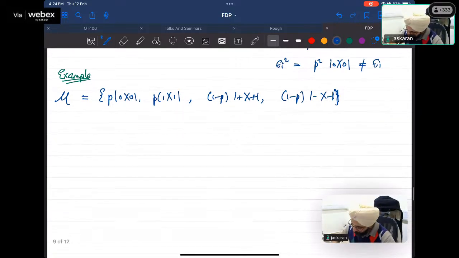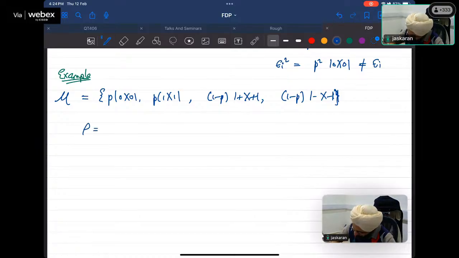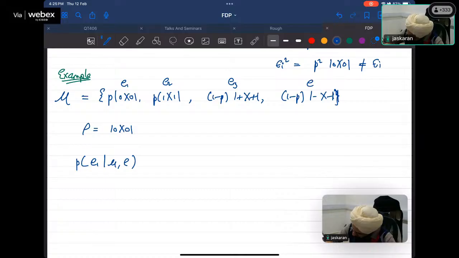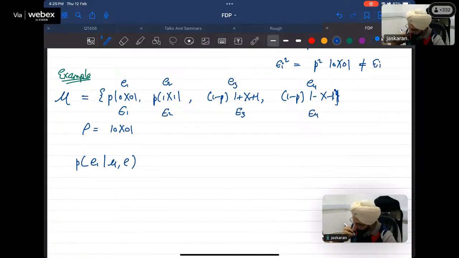So here we have this measurement, and let us take the input quantum state as |0><0|. Then we can ask what is the probability to get the outcome corresponding to E1. This corresponds to E1, E2, E3, and E4. So we have 4 outcomes, and this entire operator I am labeling as E1, E2, E3, and E4.